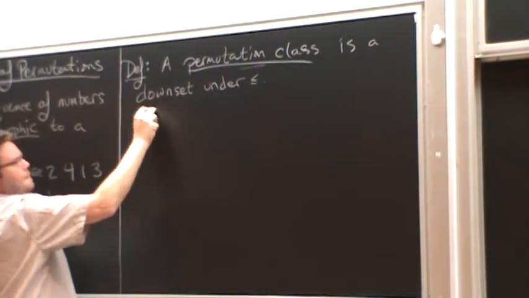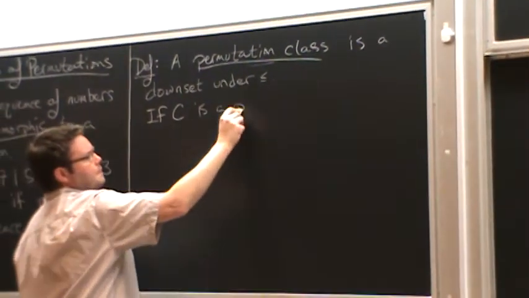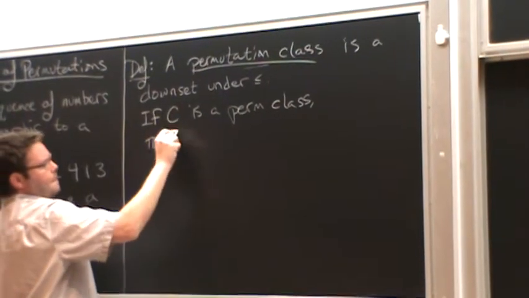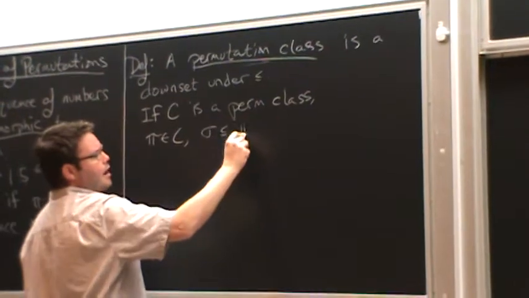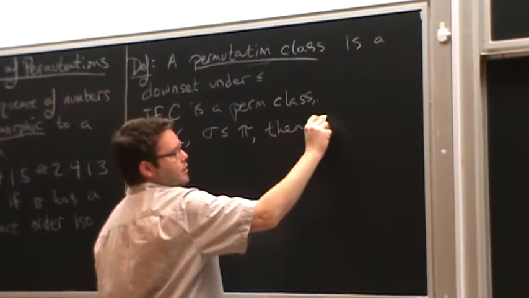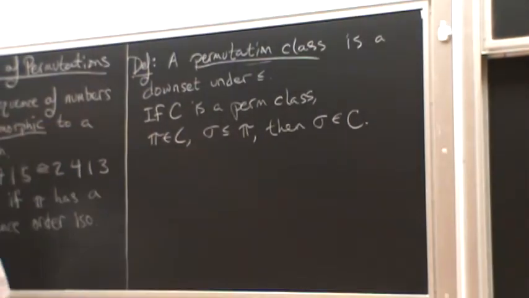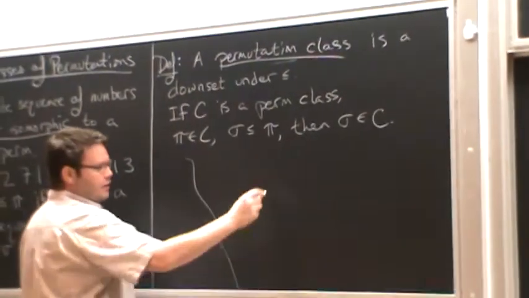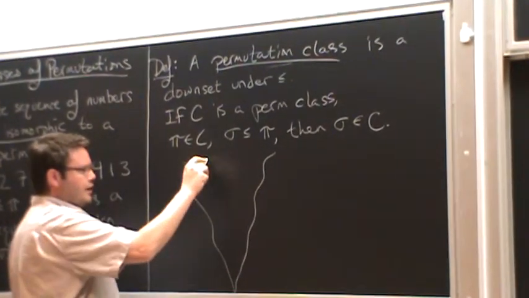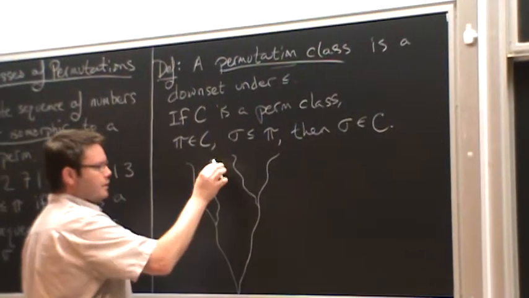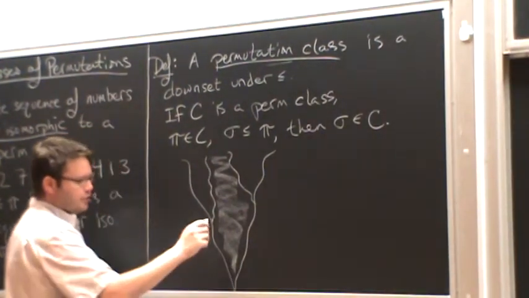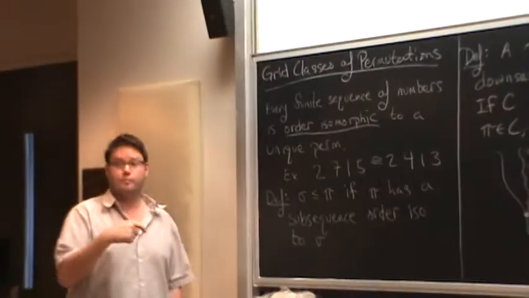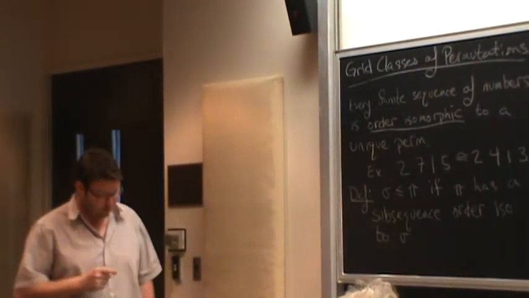So if C is a permutation class, and if pi is in C, and sigma is contained in pi, then sigma is in C. The picture is that we're looking at all finite permutations, and we're taking a downset, which will look like this. And there will be some minimal things, like here and here, which aren't in it. They're minimal subject to not being in the permutation class, not being in the downset.